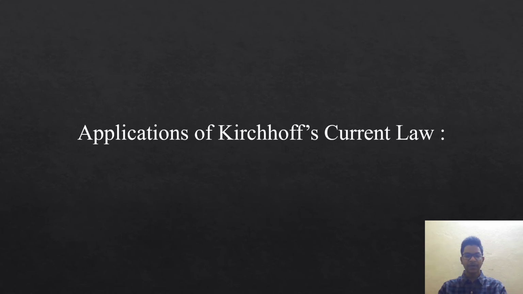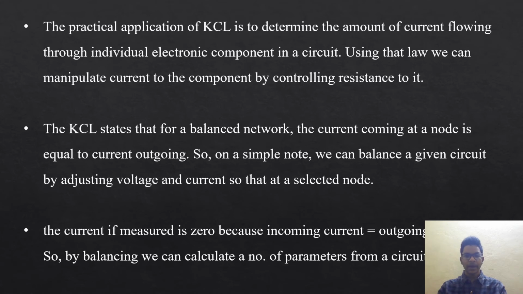Now we are going to discuss applications of Kirchhoff's current law. In practice, the application of KCL is to determine the amount of current flowing through an individual electronic component in a circuit. Using that law, we can manipulate the current to the component by controlling resistance to it.